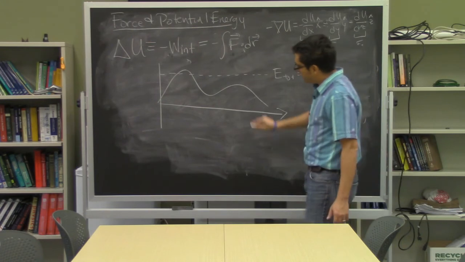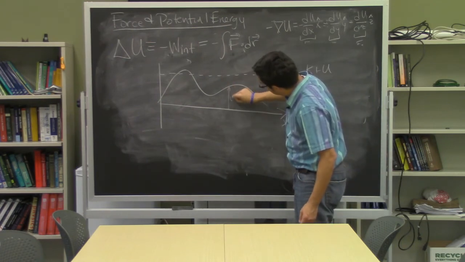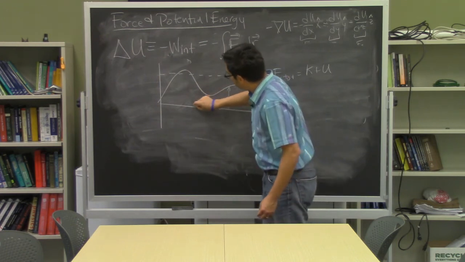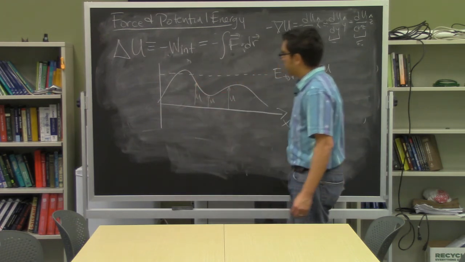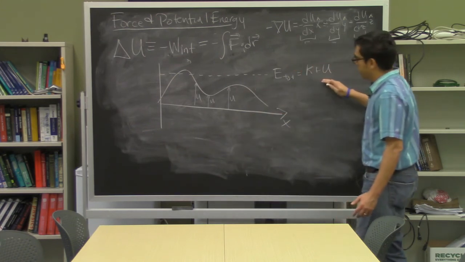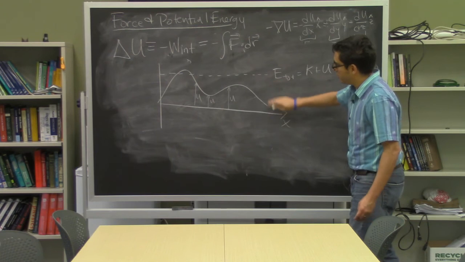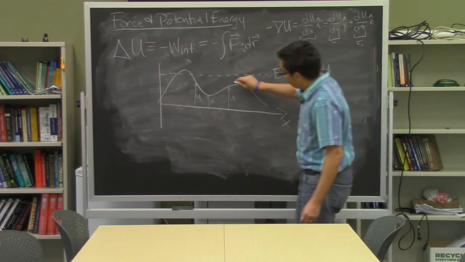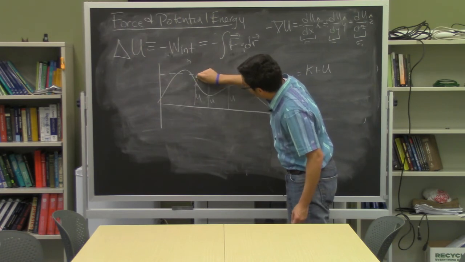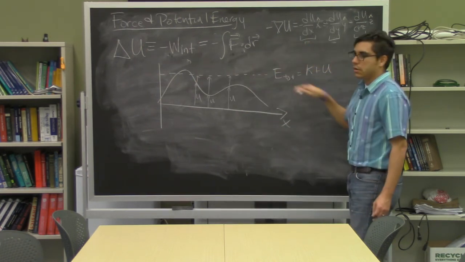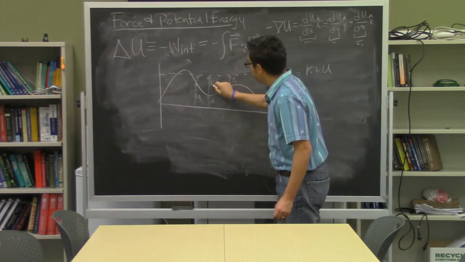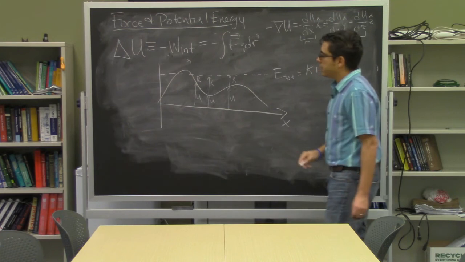Well, at every point, we can measure what the potential energy is. Right? So there it is, there it is, there, and so forth. And what we find is that if the sum of the kinetic and potential energy is a constant, that is, there's no external work done, then the kinetic energy of the system is precisely given by the arrows that go from the potential energy curve to the dotted line, the limit of the total energy. So these are the kinetic energy values at each of these locations.